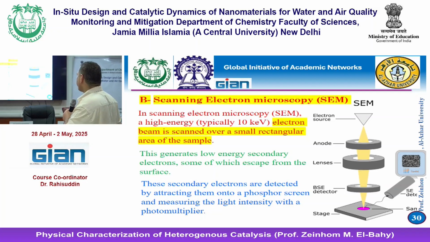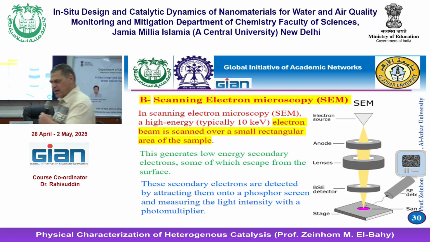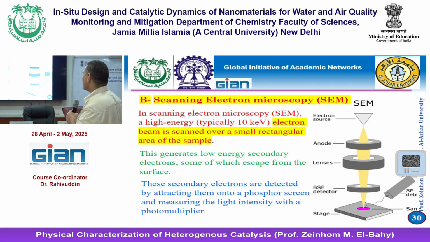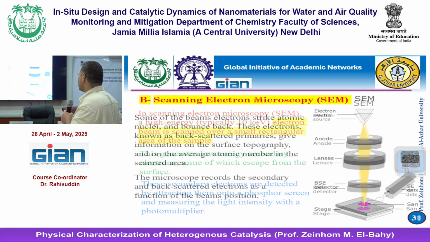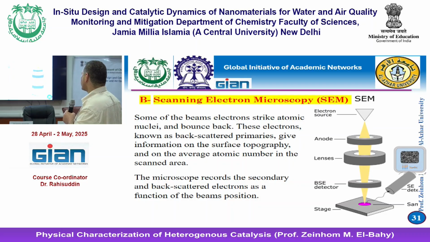Reflection of some electrons will occur, and then the detector will detect these and show me the picture on the screen. This is it. In the case of scanning electron microscope, some of the beam electrons strike the sample, as I have just said.